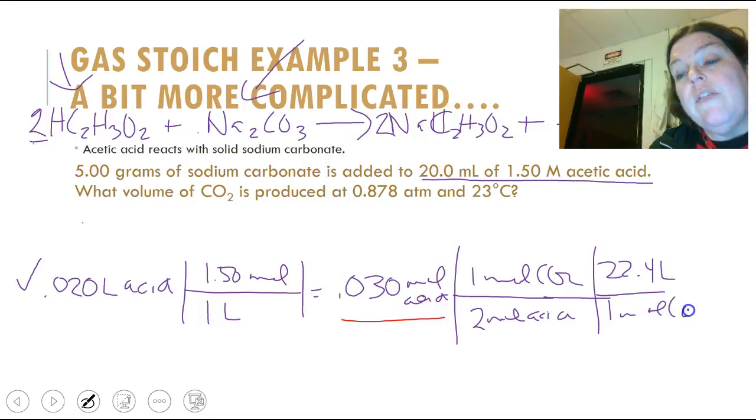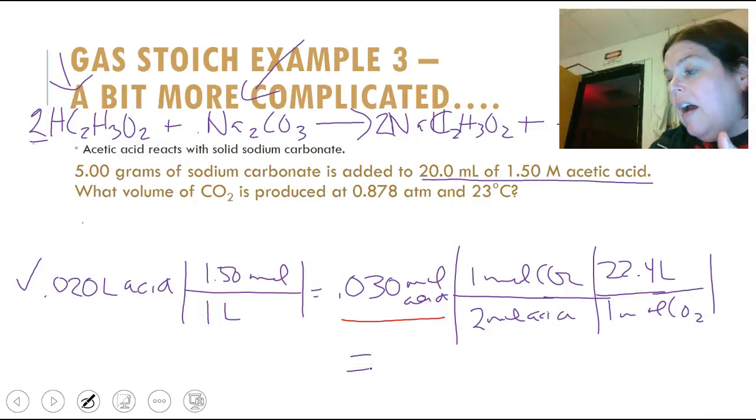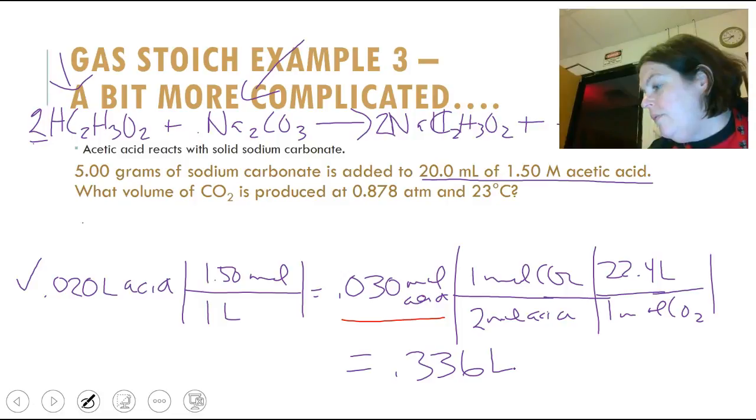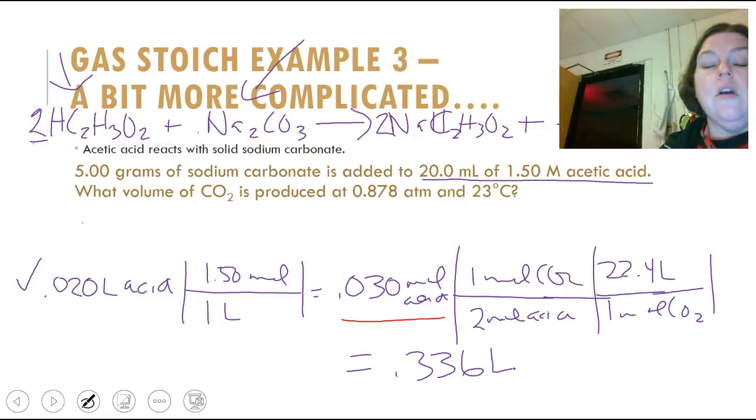We're still going to have to do something in just a moment. That gives me 0.336 liters. I want to double check my math just to make sure. Yep, 0.336 liters. So that's what I get for the number of liters.